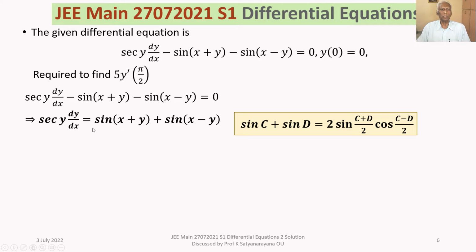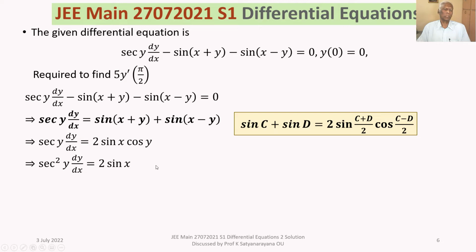So it will be 2 times sin x cos y. So secant y dy/dx is equal to 2 sin x cos y. Sending this cos y to the other side by multiplying throughout by secant y, we get secant square y dy/dx is equal to 2 sin x.